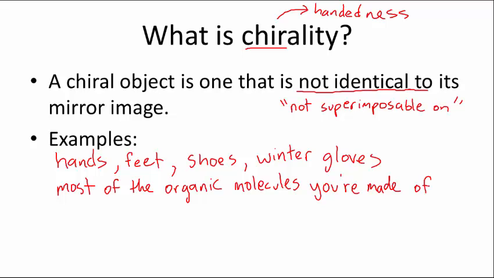And it turns out that chirality has a huge effect. In a lot of cases, one mirror image of a molecule has completely different properties in a chemical environment to the other mirror image of the molecule. And so we're going to need a way to keep track of this in molecules and identify when it's an issue.